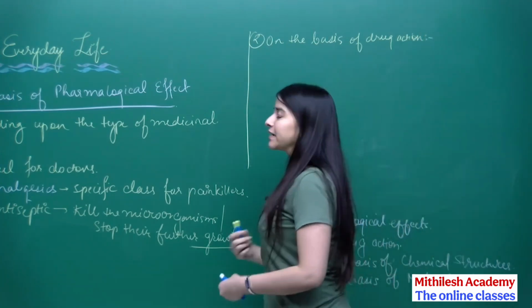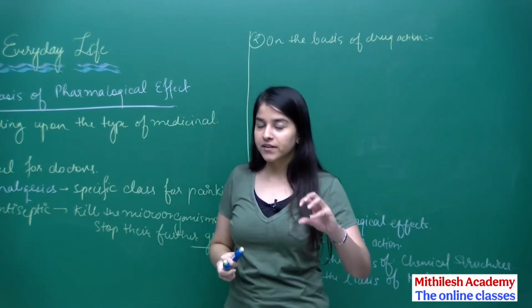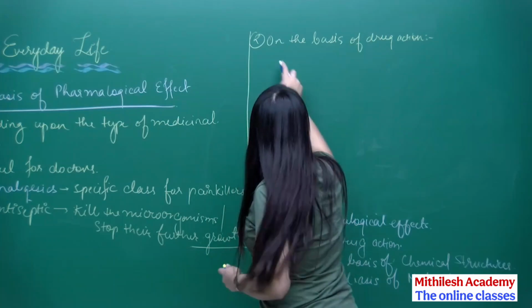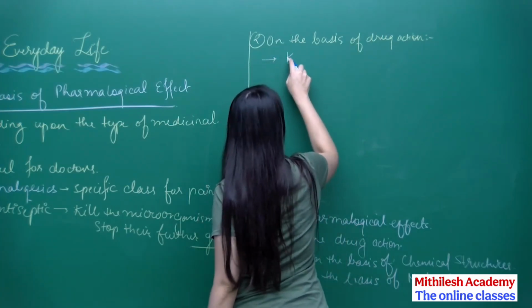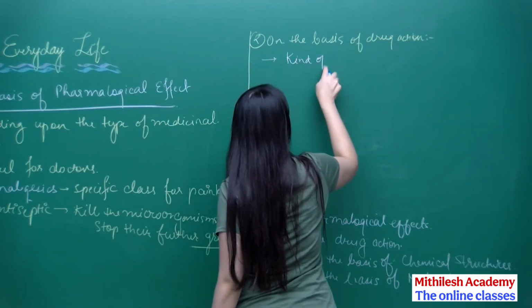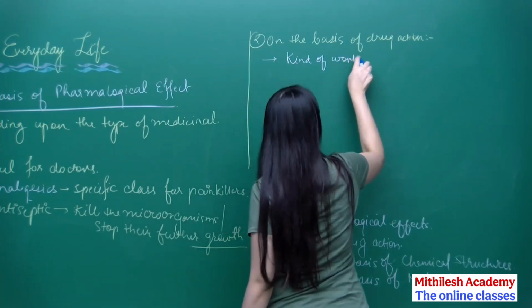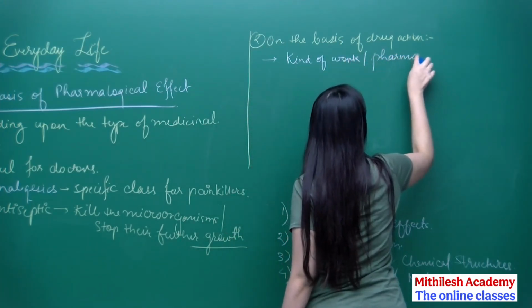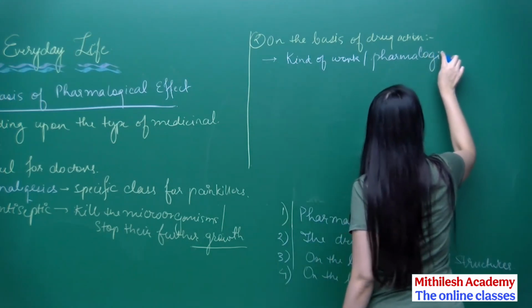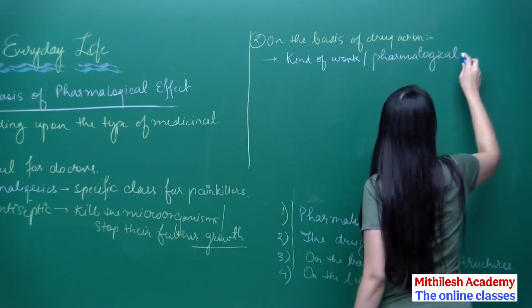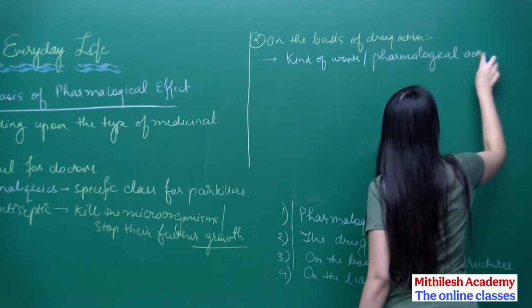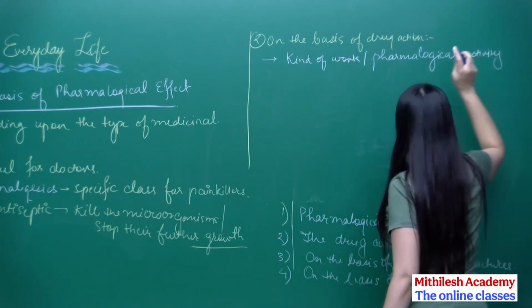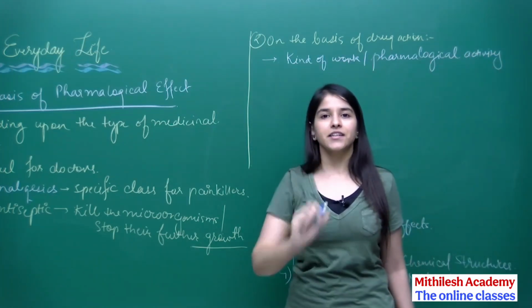So basically the kind of work a particular drug will play. So it is based on the kind of work, or I can say the pharmacological activity. Quite a technical term, but very simple. Pharmacological activity means what kind of activity that drug is showing.